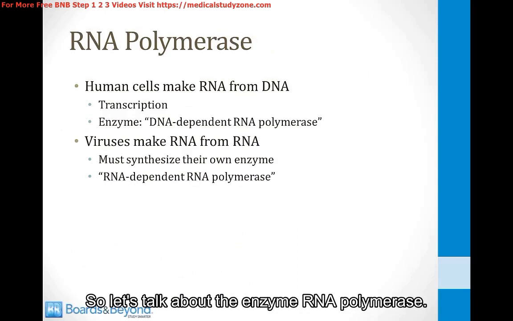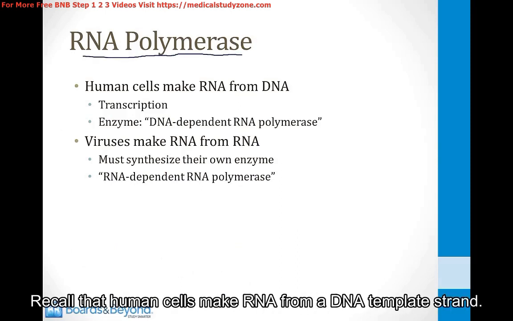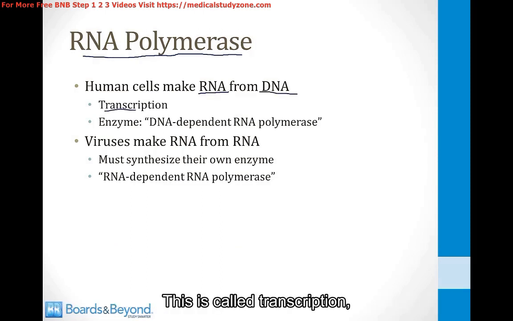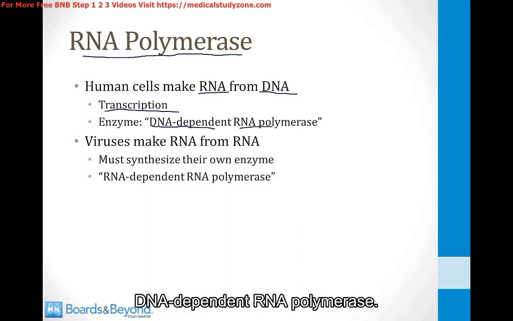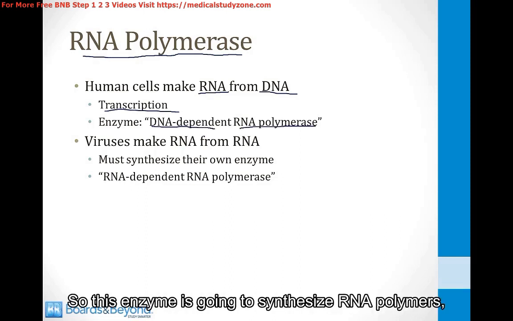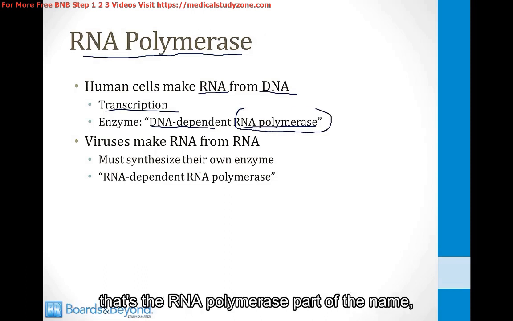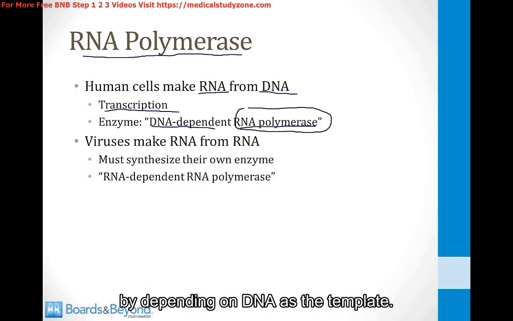So let's talk about the enzyme RNA polymerase. Recall that human cells make RNA from a DNA template strand. This is called transcription. And the enzyme that does this is called DNA-dependent RNA polymerase. So this enzyme is going to synthesize RNA polymers, that's the RNA polymerase part of the name, by depending on DNA as the template.